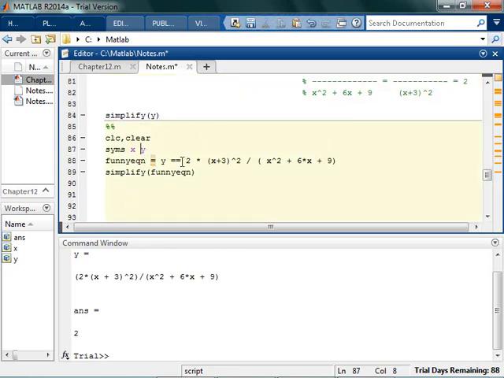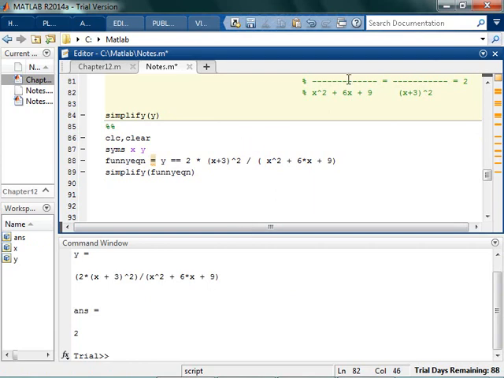Okay, so anyway, I'm really excited about this. Whenever I asked it to simplify my funny equation, look what it said. Here's how it simplifies, because this is my equation, and whenever I ask it to simplify, it says x cannot equal -3, because it can't. Whenever I did it over here, it just went 2.